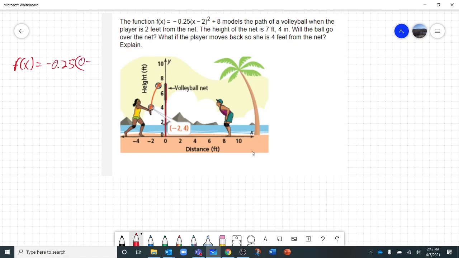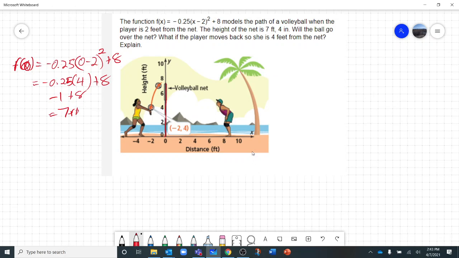So we're actually finding f of 0: 0 minus 2 is negative 2. Negative 2 squared is 4, so we have negative 0.25 times 4 plus 8. Negative 0.25 times 4 is negative 1, plus 8, which is equal to 7 feet.